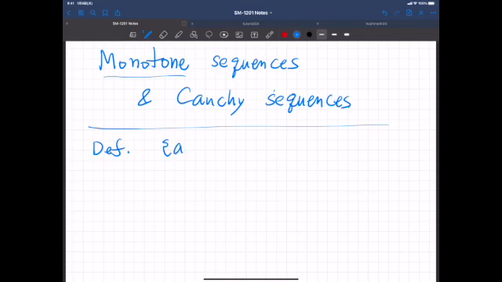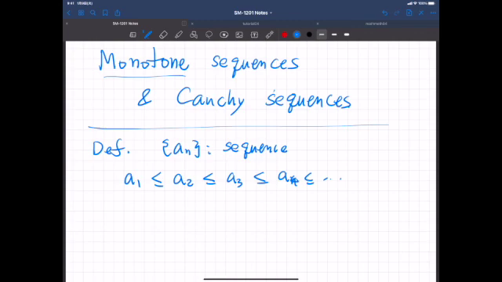Let an be a sequence. And if we have this, so A1 is less than or equal to A2, which is less than or equal to A3, which is less than or equal to A4, and so on. In other words, it only increases or stays the same.